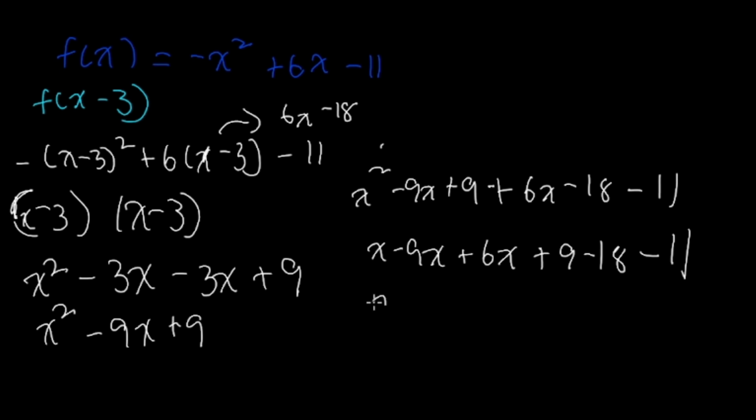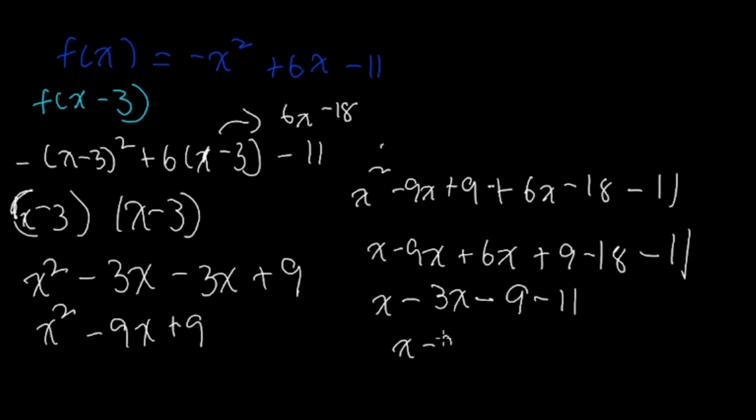You get x squared minus 3x plus 9 minus 18. 9 minus 18 is equivalent to negative 9, just to avoid confusion, minus 9, minus 11.